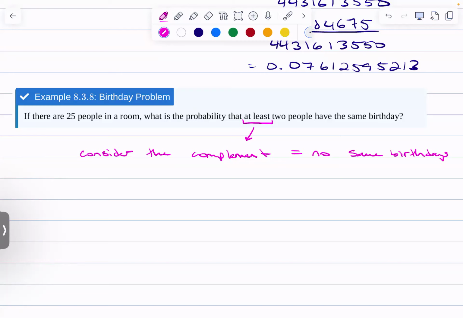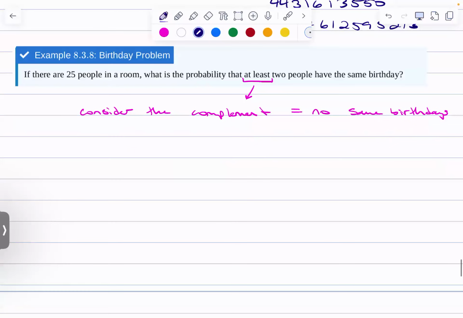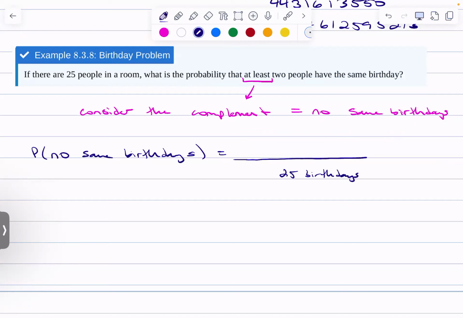Let's start with the denominator. If I want the probability of no same birthdays, that's going to be out of the total number of ways, or all the different birthdays for 25 people. How can we figure out how many there can possibly be?